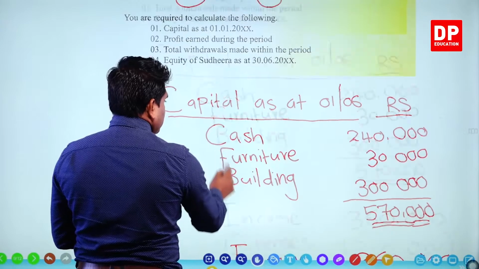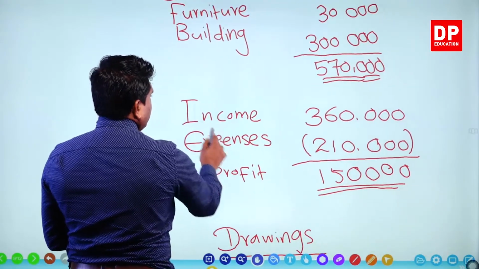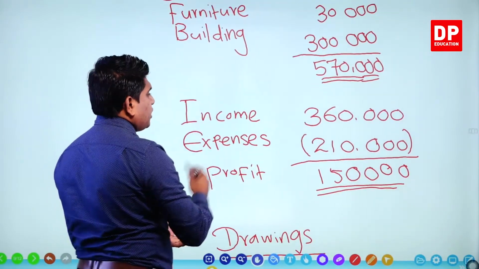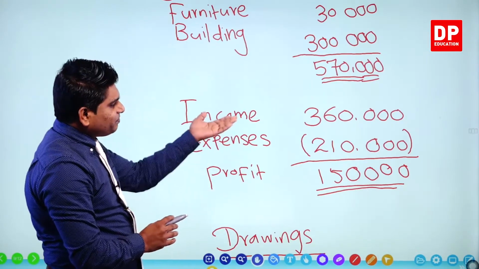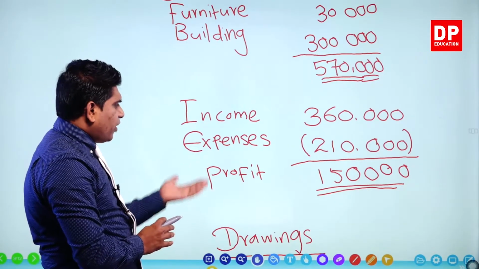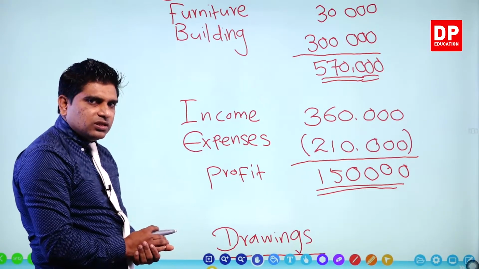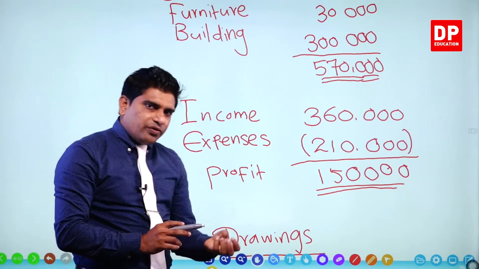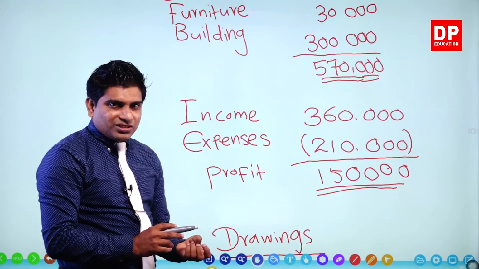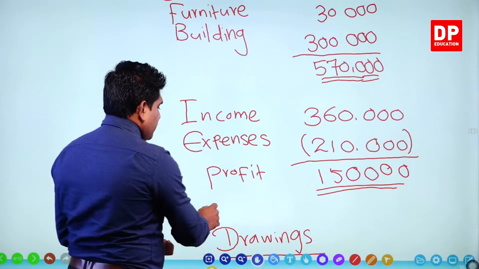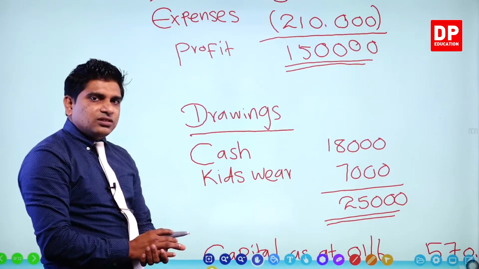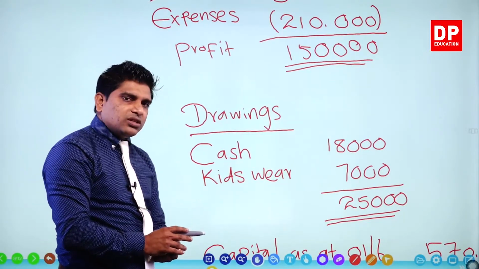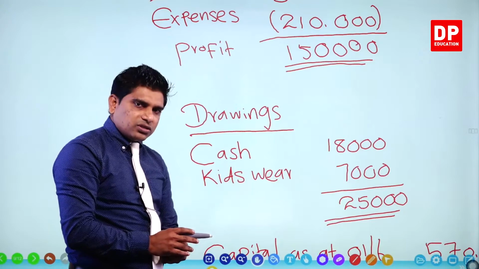Finally, they say what? During the year, their total income is 360,000, expenses 10,000, right? Then here you can see profit 150,000. There are two drawings, cash drawings and stock drawings, right? Cash drawings 18,000, stock drawings 7,000. The total drawings 25,000.